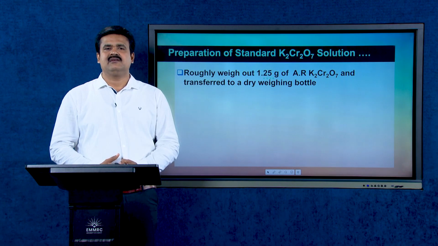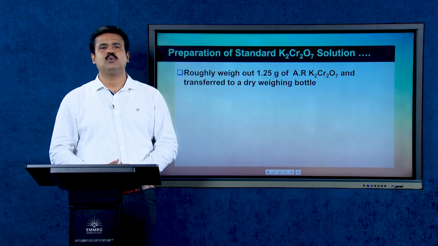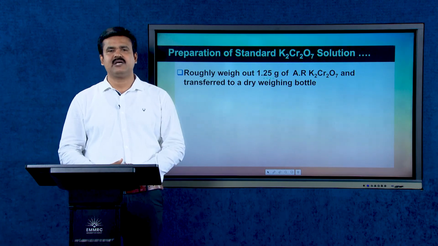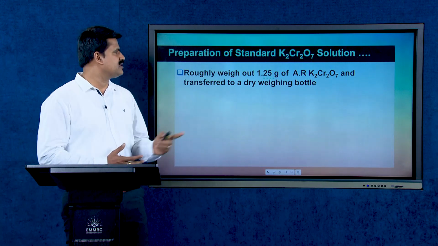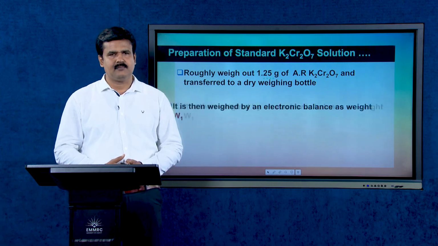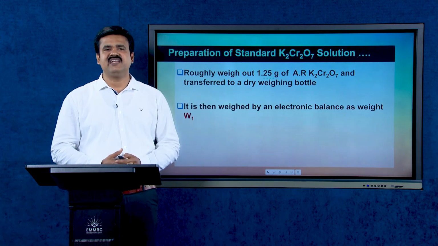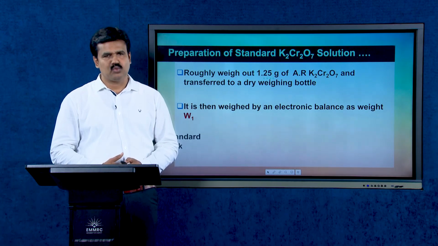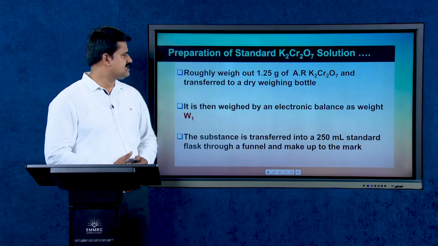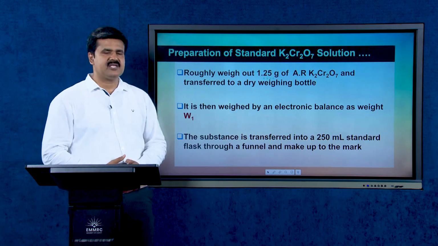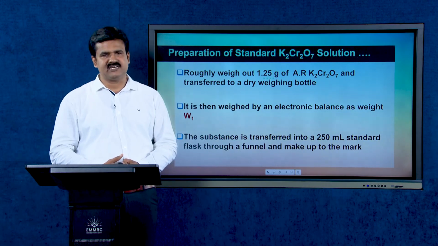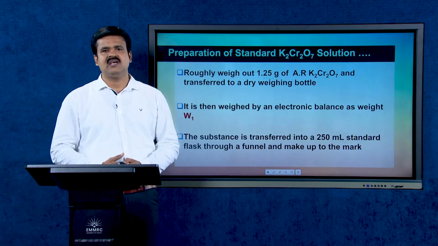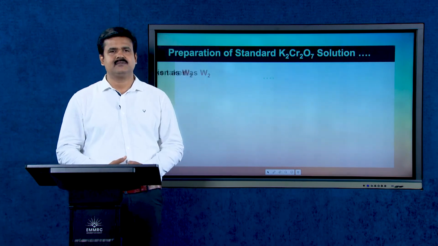Now, roughly first you have to weigh out 1.25 gram of AR K2Cr2O7 and transfer it to a dry weighing bottle. It is then weighed by an electronic balance as weight W1. The substance is transferred into a 250 ml standard flask through a funnel and made up to the mark.